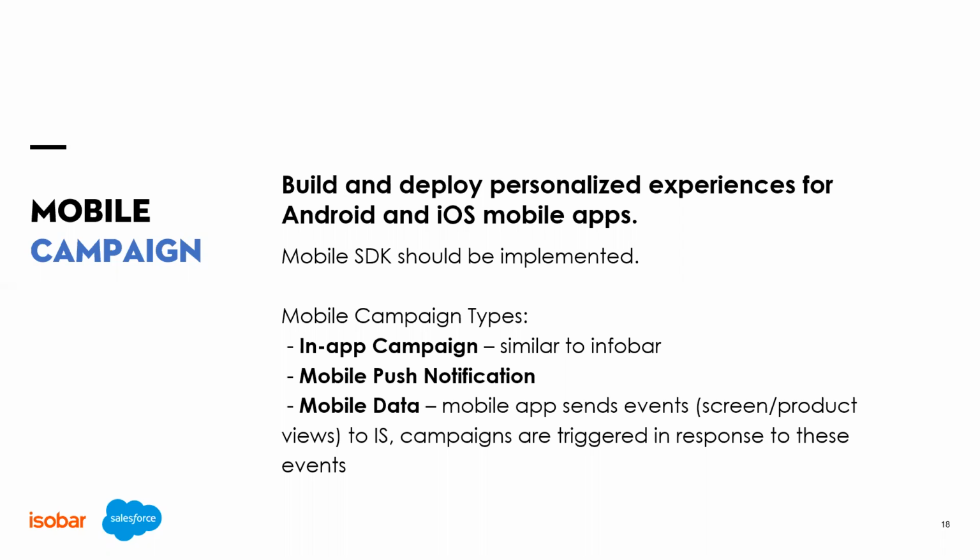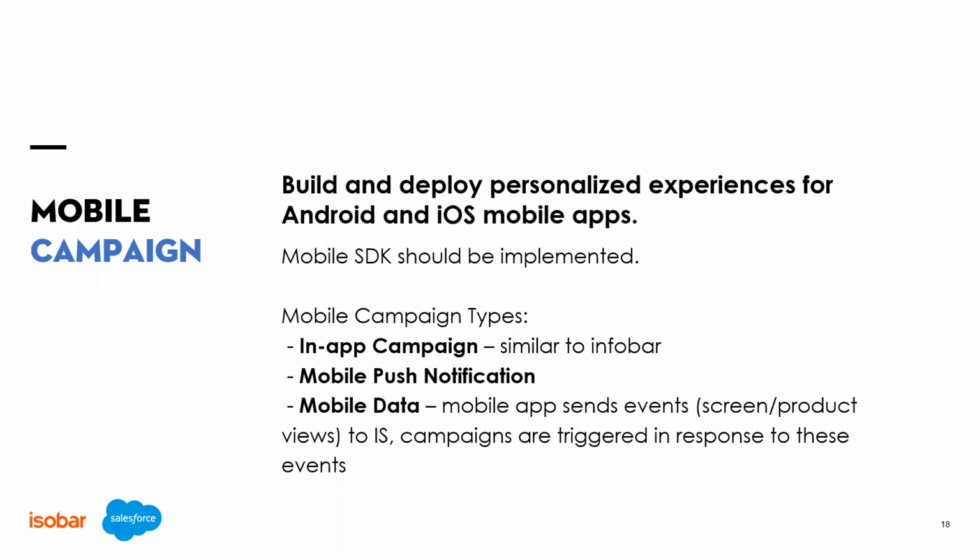With mobile campaigns in Interaction Studio, we can build and deploy personalized experiences for Android or iOS mobile apps. For building campaigns, you need to implement a mobile SDK. So in case you already use an integration between your mobile app and Mobile Studio in Marketing Cloud, another mobile SDK should be implemented on the Interaction Studio side.